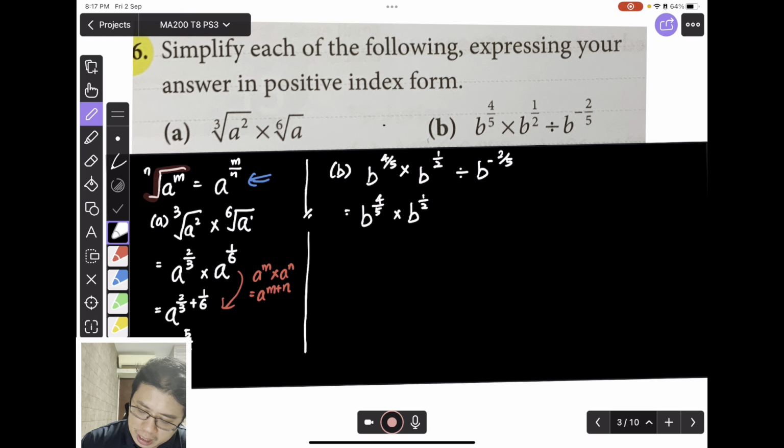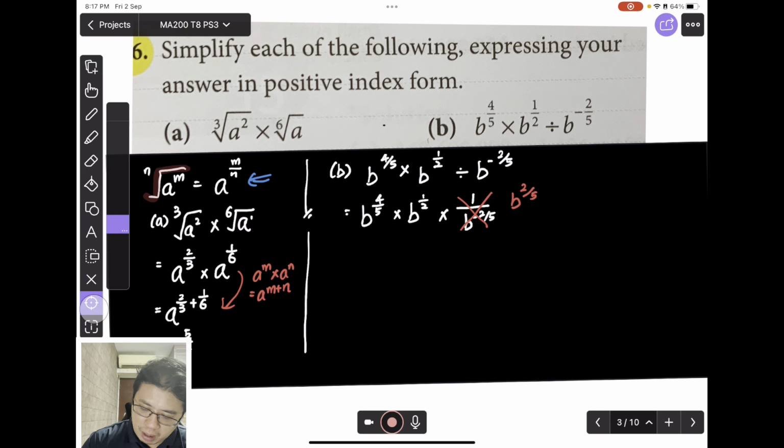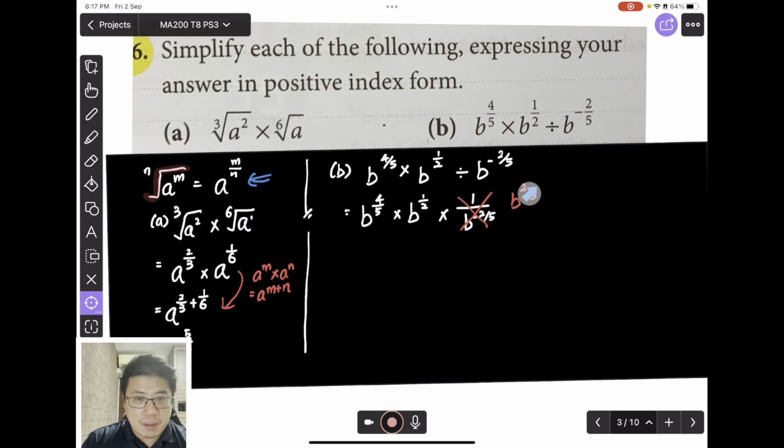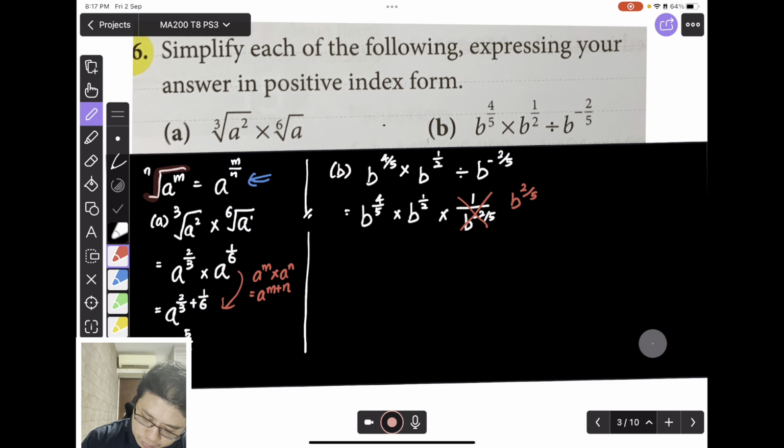So first, I can change it to the positive multiplication. This is 1 over b to the power negative 2 over 5, right? At the same time, I can change this to b to the power of 2 over 5. If I divide by a negative power, it's the same as I multiply, then it becomes a positive power, over 1, right? Because from here to here, we know that a to the power of negative n is the same as 1 over a power n.